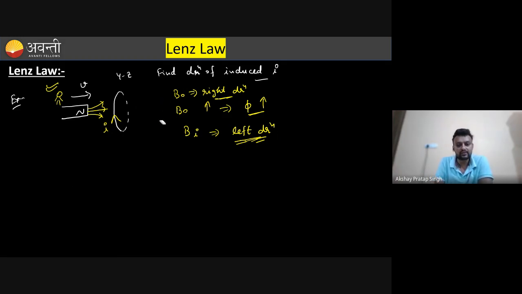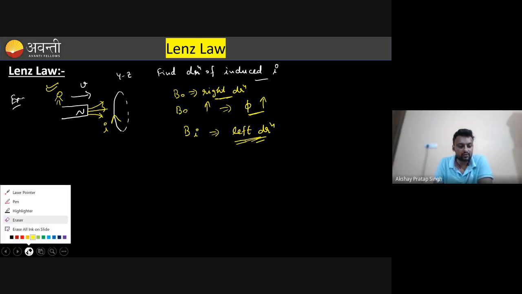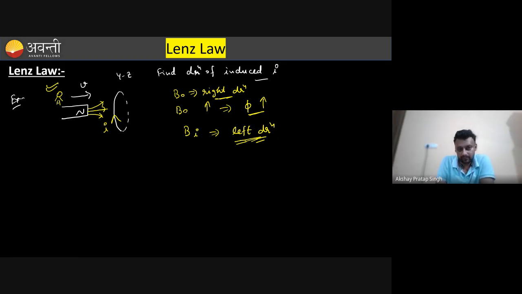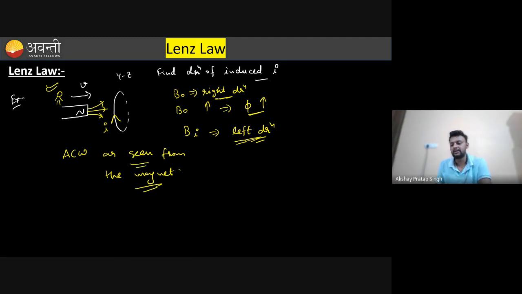So this is not the right person to answer. The right person to answer the question is this one. He will see that the current is anti-clockwise, as seen from the magnet. I hope this is clear to everyone.